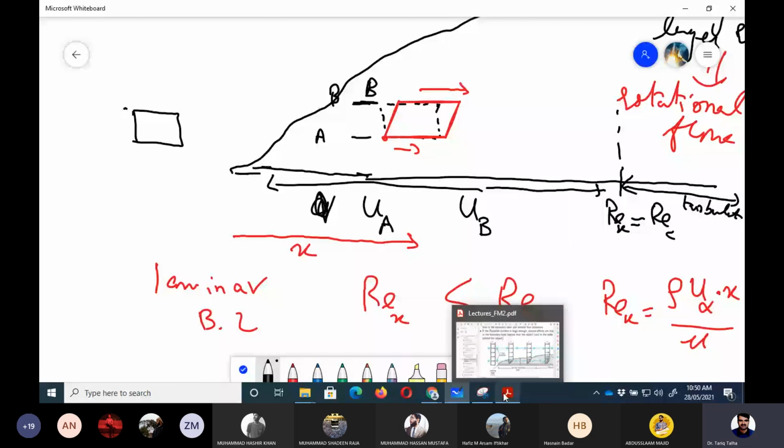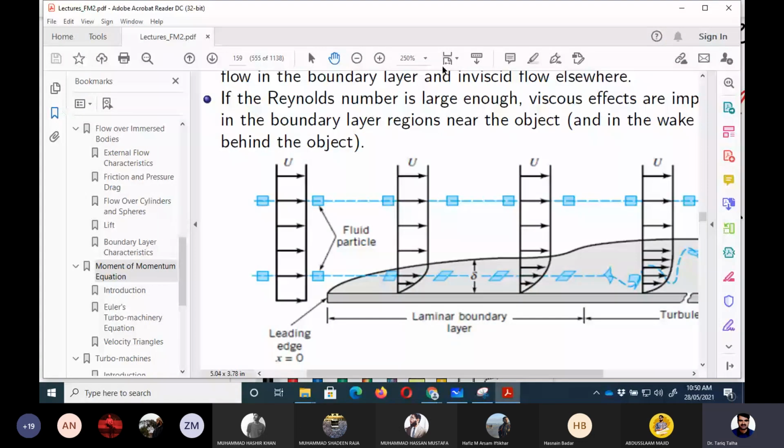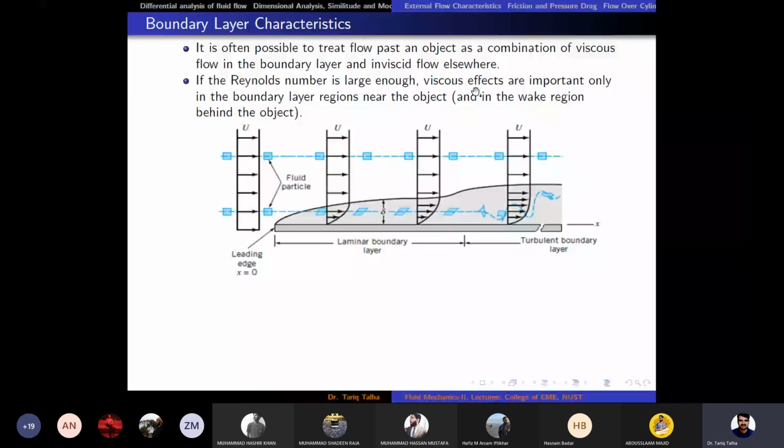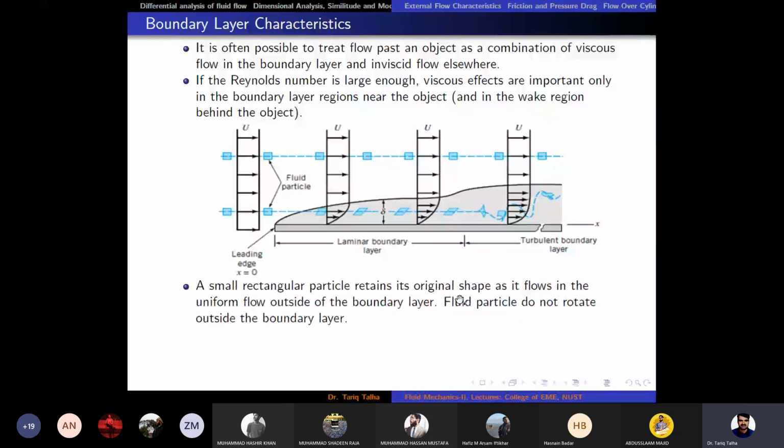So that is the concept of turbulent boundary layer transition on a flat plate, when the flow Reynolds number becomes equal to or greater than the critical Reynolds number. That is shown here: this is the point where Re_x becomes equal to the critical Reynolds number.